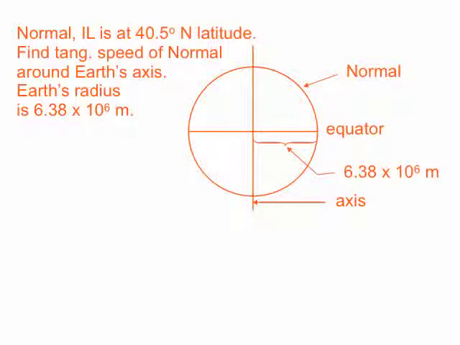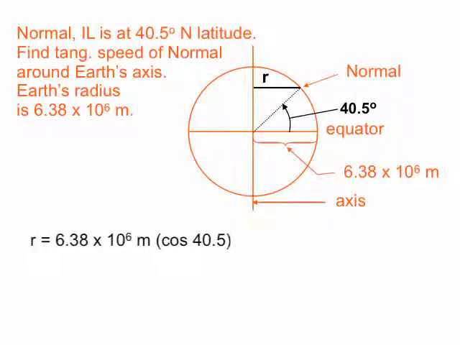The town of Normal, Illinois sits at latitude 40.5 degrees north, which is about where we sit. What's the tangential speed of Normal around the Earth's axis? First thing we have to do is resolve the radius, because obviously Normal is not as far from the axis as the equator.